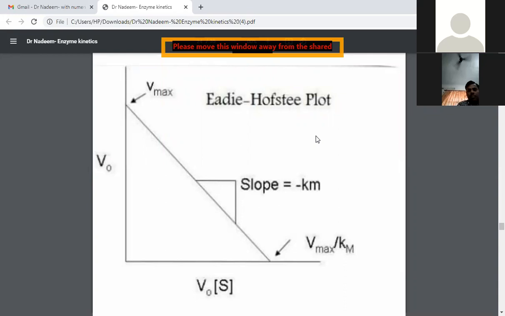We obtain a straight line, and its slope represents minus Km. Earlier in the Lineweaver plot, slope represented Km by Vmax, but here the slope represents the value of Km, while the intercept on the x-axis represents Vmax by Km, and the intercept on the y-axis represents the value of Vmax.